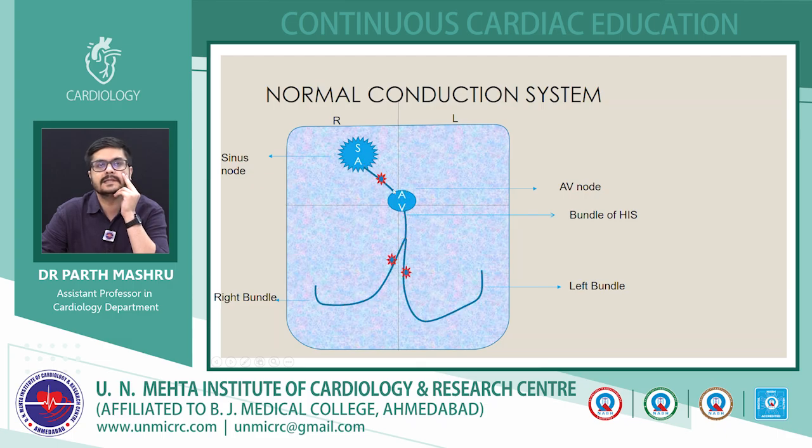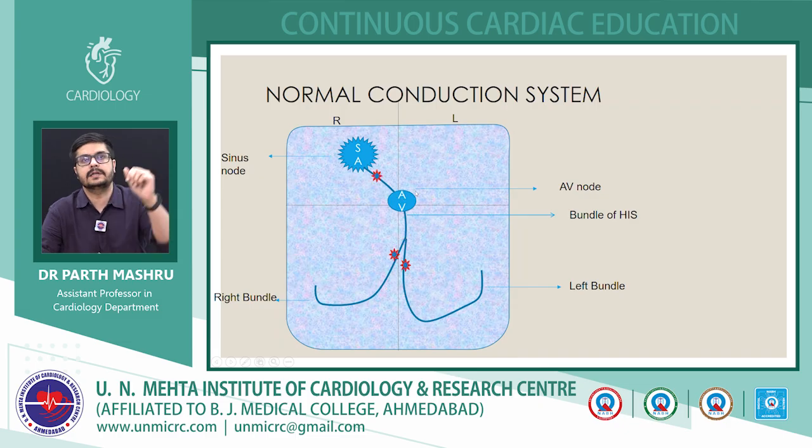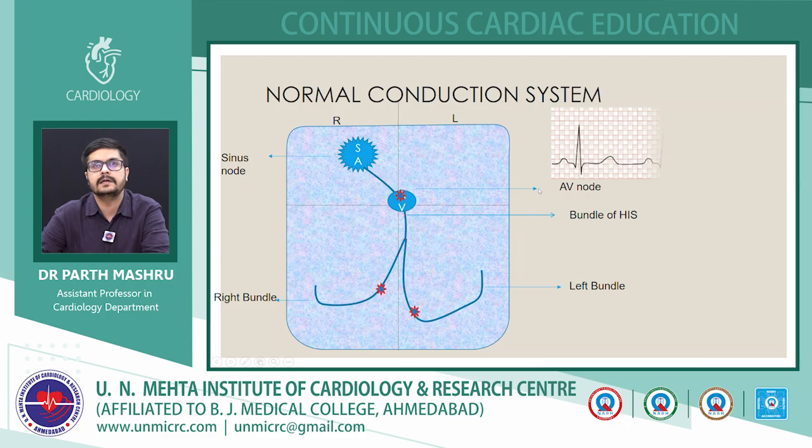There is an AV delay in the AV node because the AV node has a decremental conduction property, and after that the conduction signal passes through the His bundle and further through the bundle branches, and it activates both the ventricles simultaneously. That is why we get a P wave followed by a PR segment, which denotes the AV nodal delay, and a normal QRS is formed which is narrow. So this is how a normal conduction system works.